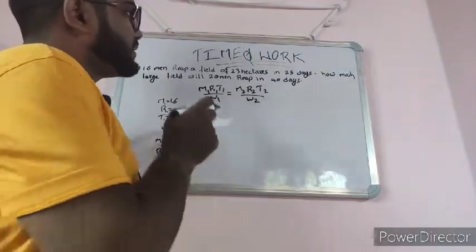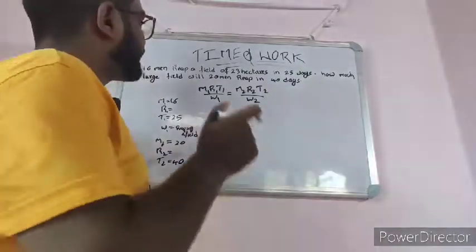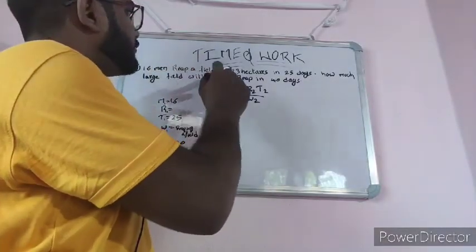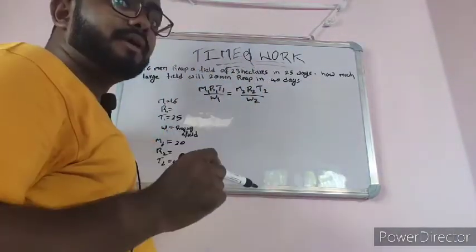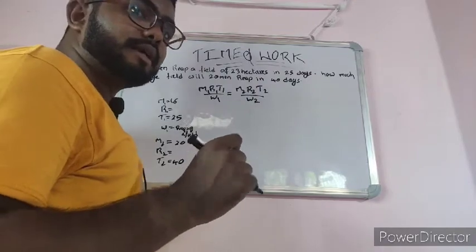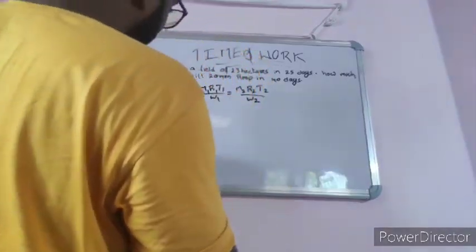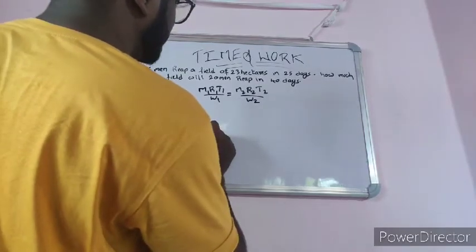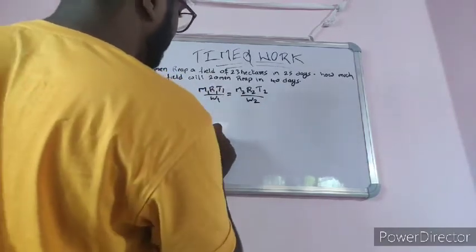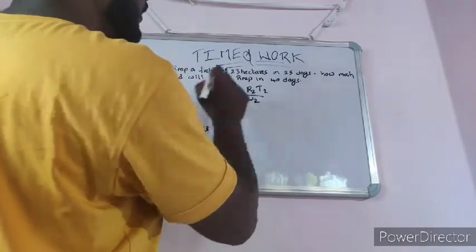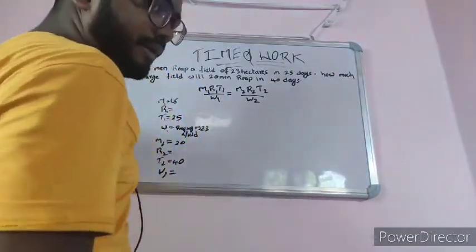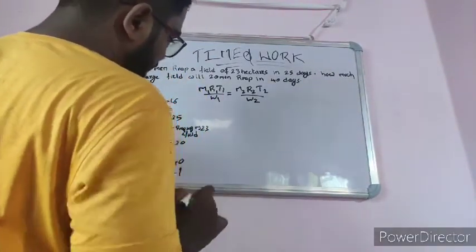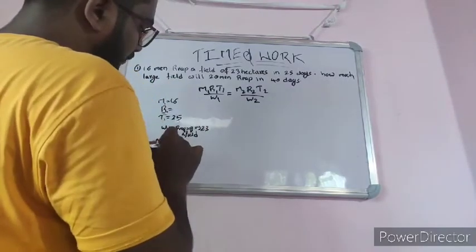Like it's written in the question itself, the work done: 16 men reap a field of 23 hectares. Reaping a field of 23 hectares is the work done. So we have W1 as 23 hectares. How large a field will 20 men reap? Need to find W2.